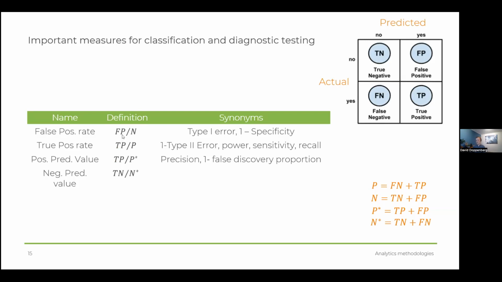So false positive rate is basically, again, we have false positives divided by N. N is in this case the total number of negatives. So in this case, we're actually looking at everything that should be classified as non-spam.